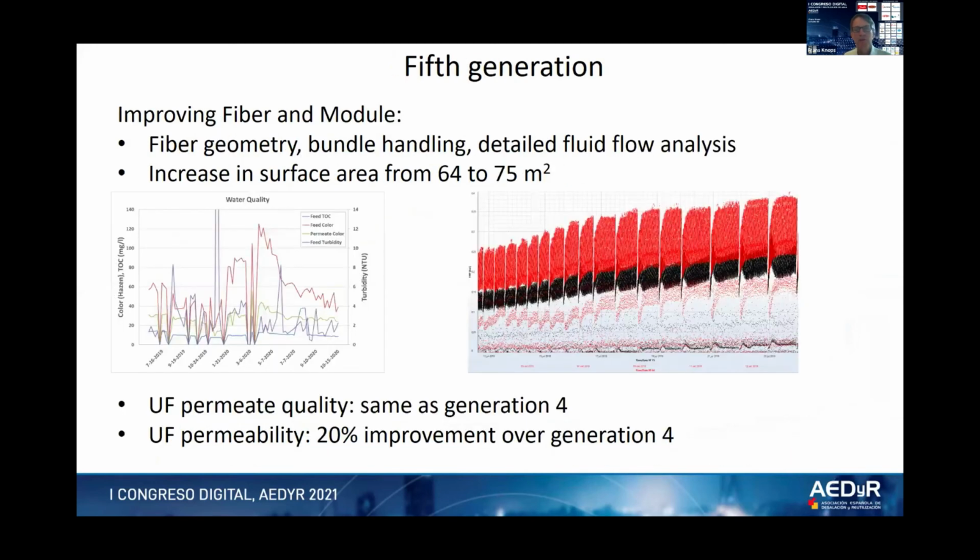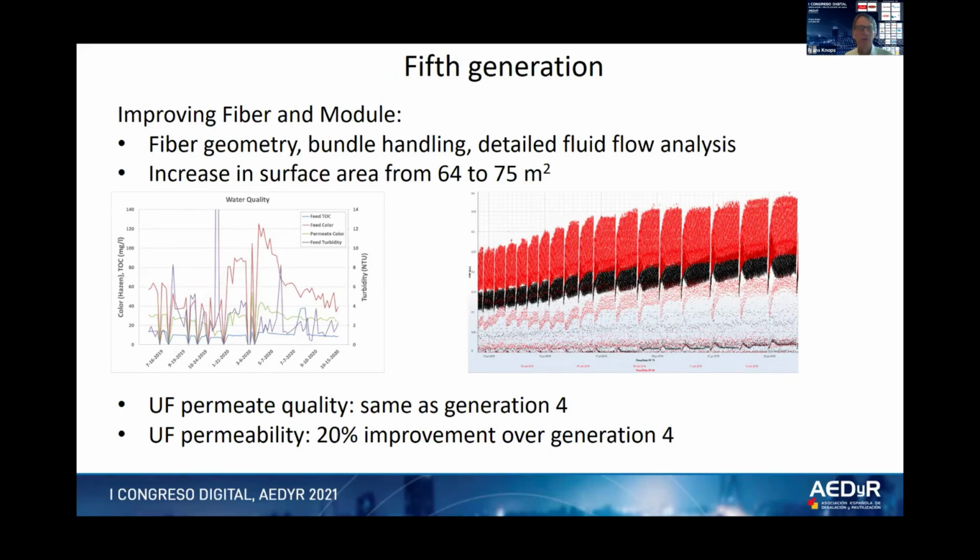So now we're coming to the last improvement, the last generation of our membranes. Here we also looked at membrane fiber chemistry, but also the membrane modules. So we found out that the fiber geometry, the bundle handling, the fluid analysis allowed us to increase the membrane surface area from 64 to 75 square meters of surface area.